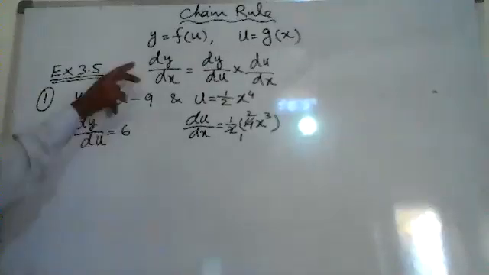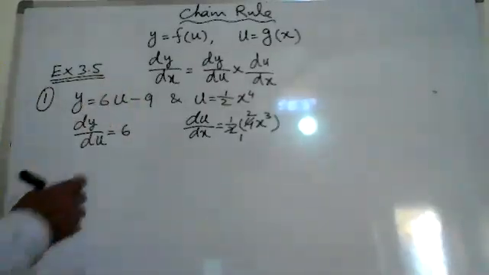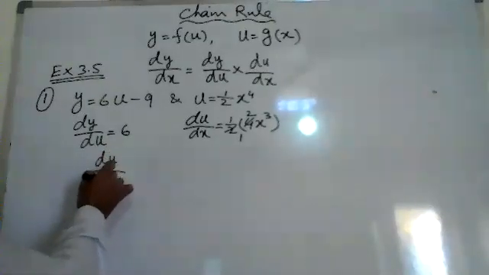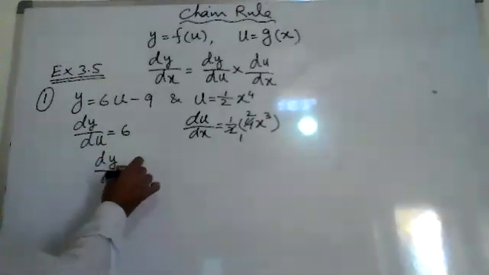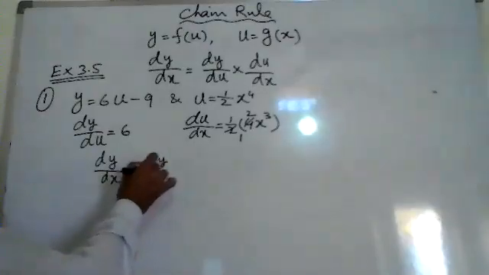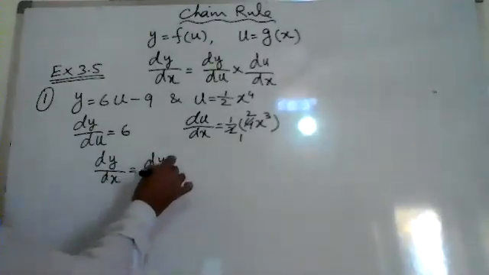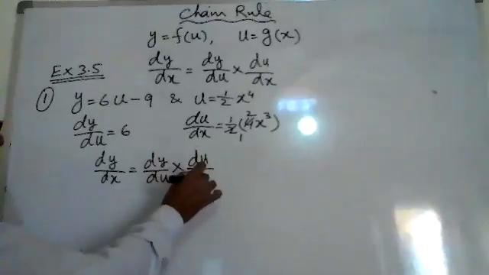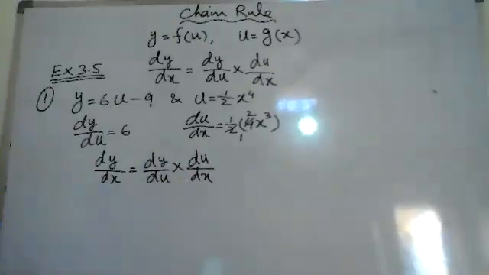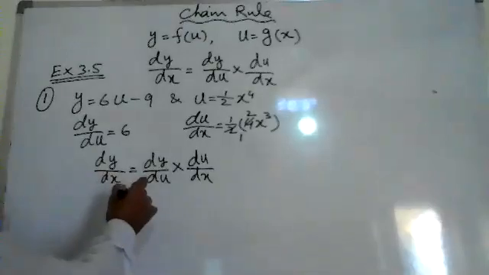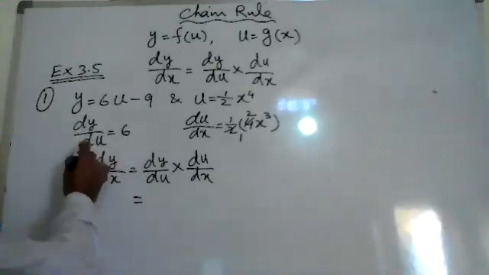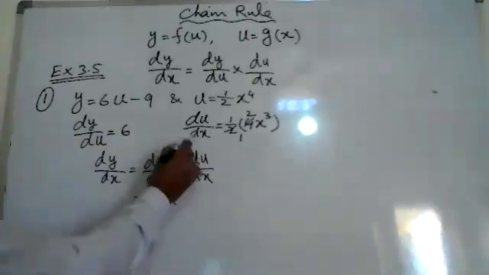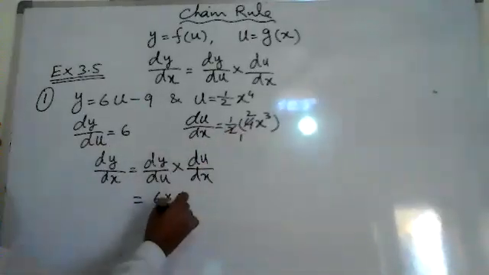So now we will find dy upon dx. Dy upon dx will be equal to dy upon du into du upon dx. It will become dy upon du is 6 into du upon dx 2x cube.